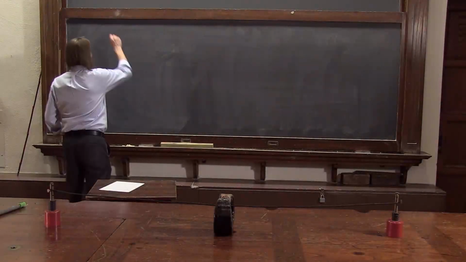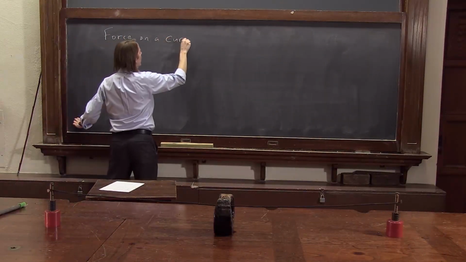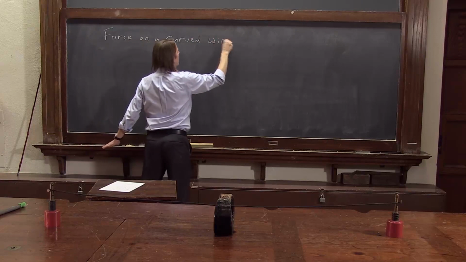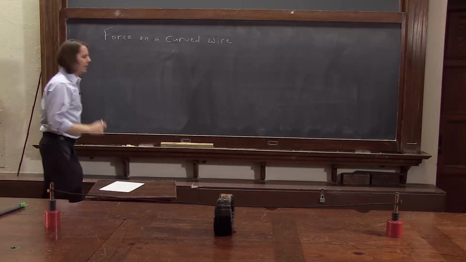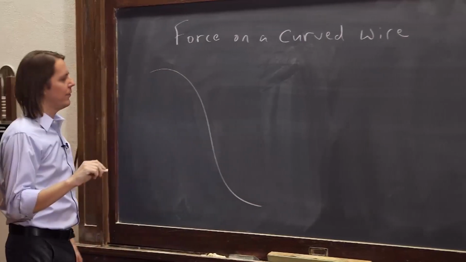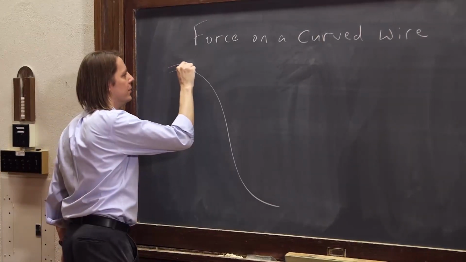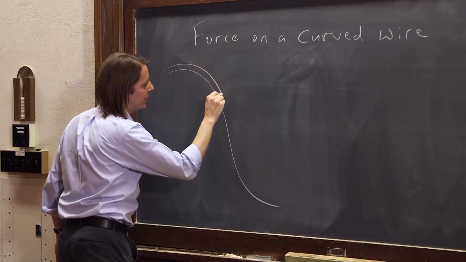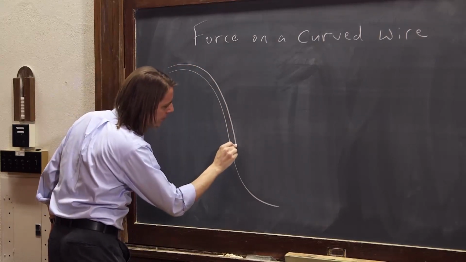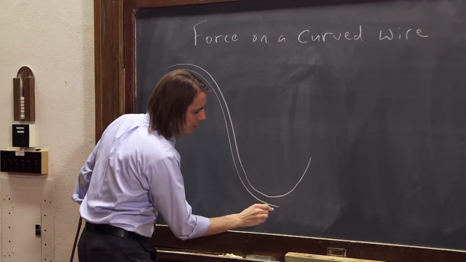Here's force on a curved wire. All right, so now instead of a straight wire, let's have a very curvy wire. And let me try to draw it nicely. It has a uniform diameter, like that.